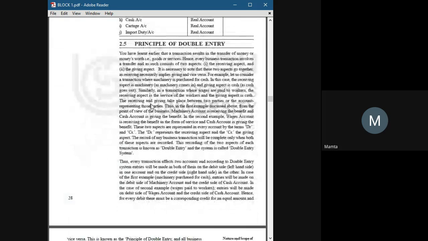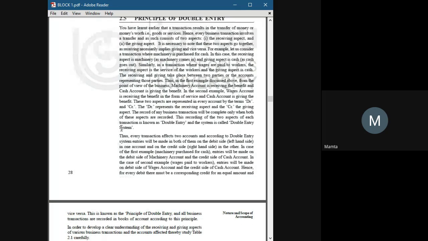Now, moving next, principle of double entry. We record each transaction with dual effect.